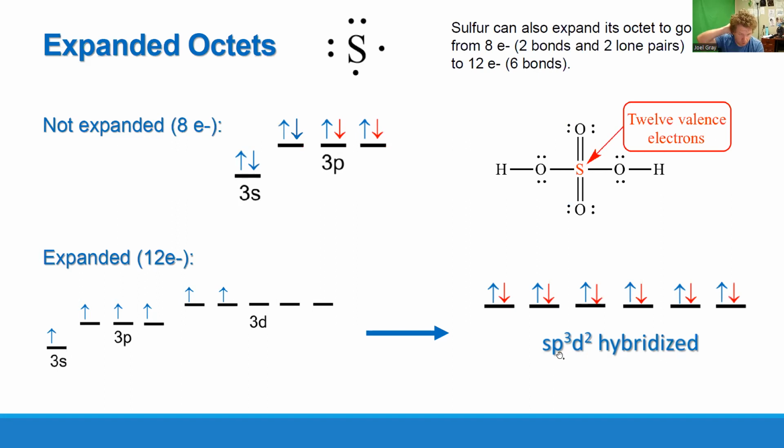Sulfur has taken an s orbital, 3 p orbitals, and 2 d orbitals to make an sp3d2 hybrid orbital, allowing for sulfur to have a larger number of shared electrons. So by hybridizing orbitals, by making an orbital, a place where an electron is, look like multiple different places, these certain elements can exceed the octet.